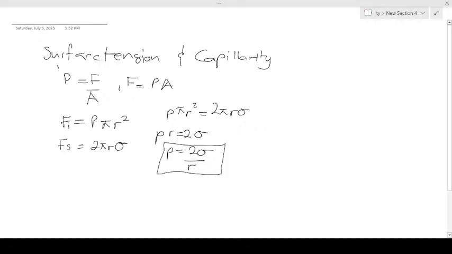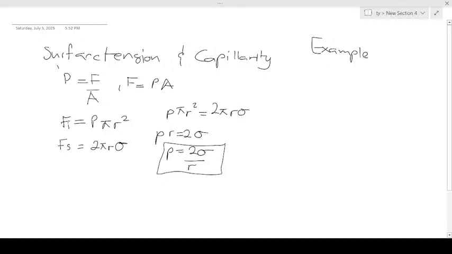So let's take an example. The example is, if air is introduced through a nozzle into a tank of water to form a stream of bubbles, if the bubbles are intended to have a diameter of 2 millimeters, calculate by how much the pressure of the air at the nozzle must exceed that of the surrounding water.